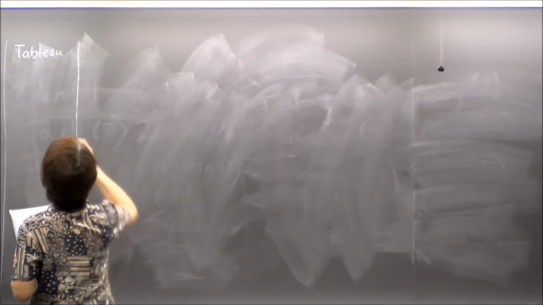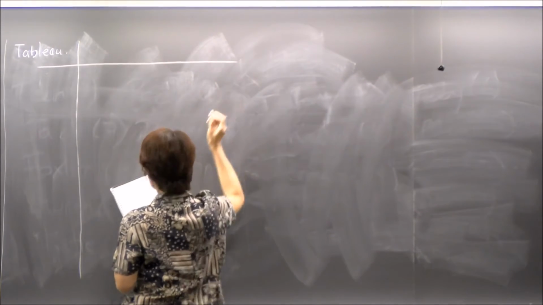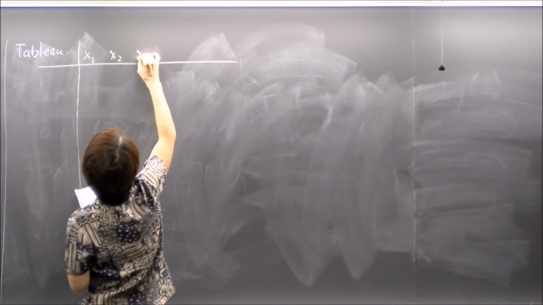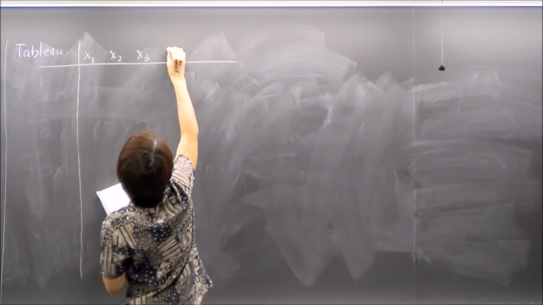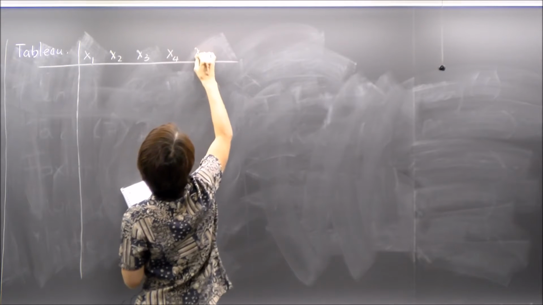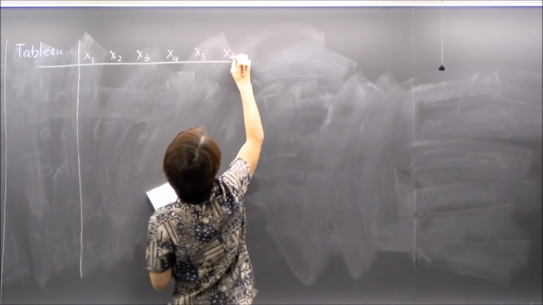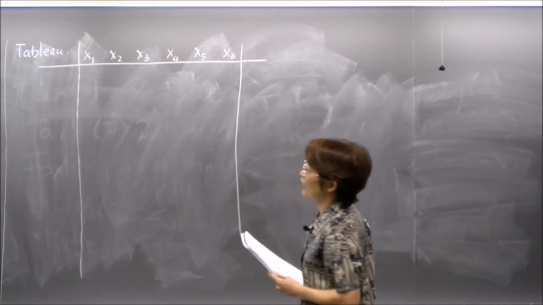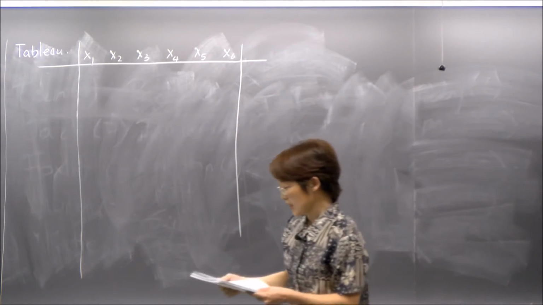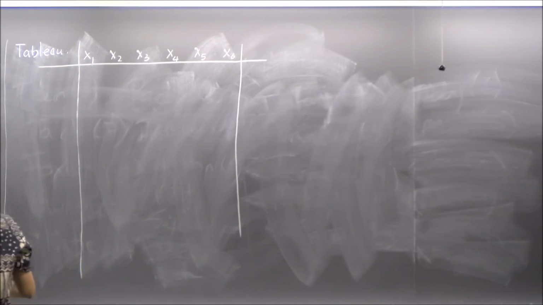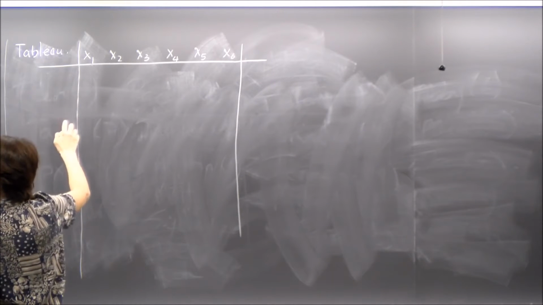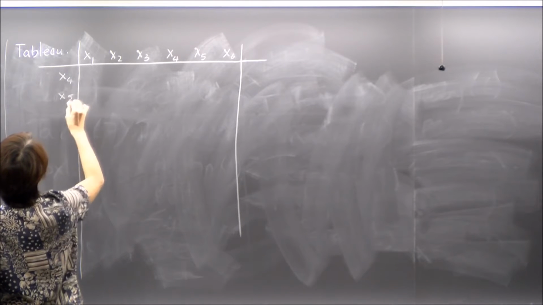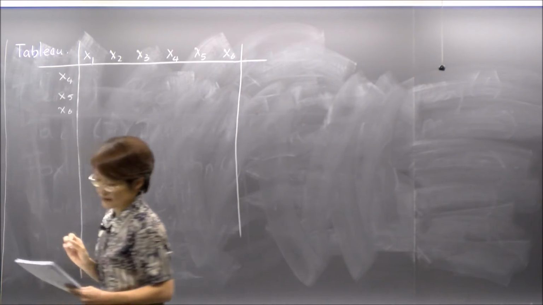Let's set this up. x1, x2, x3, x4, x5, x6. And then I have a constant column, the right-hand side of my equation, right? So on the left, I would identify my basic variables as x4, x5, x6.